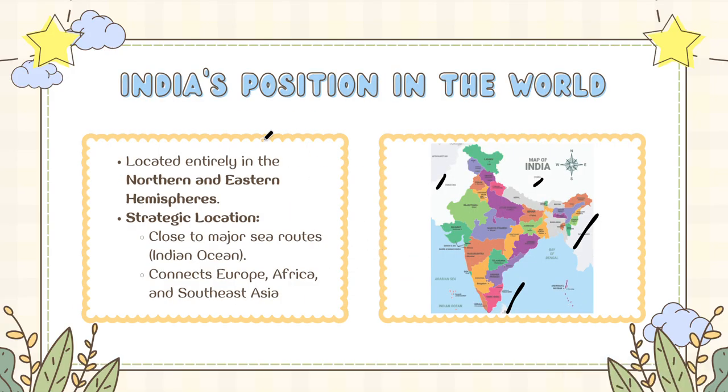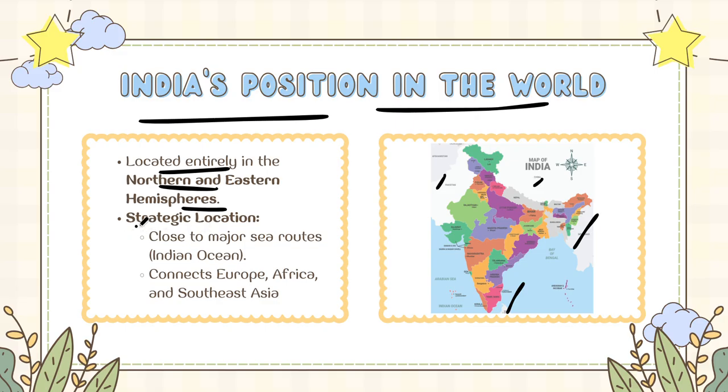Now we are going to talk about India's position in the world. It is located entirely in the northern and eastern hemispheres. Its strategic location means it is close to sea routes.